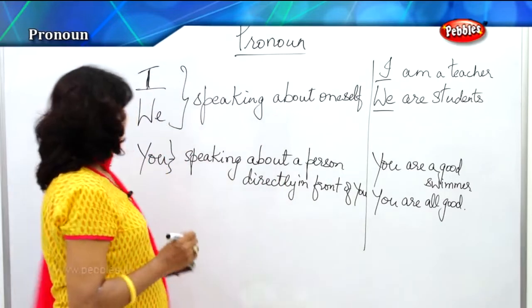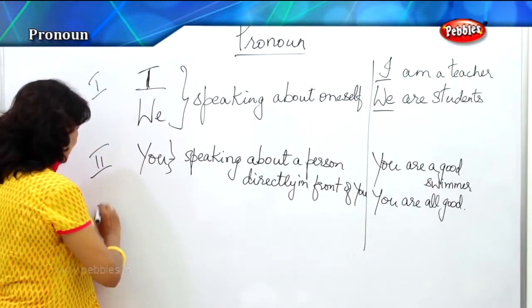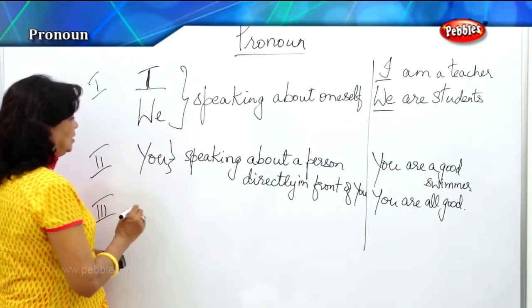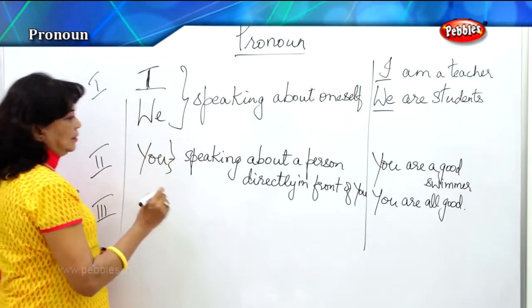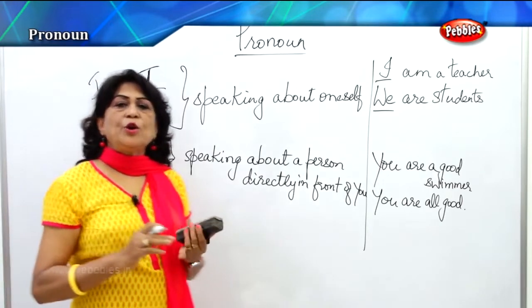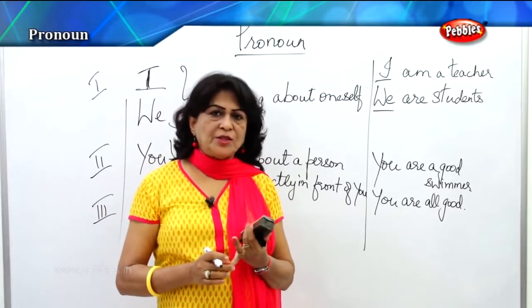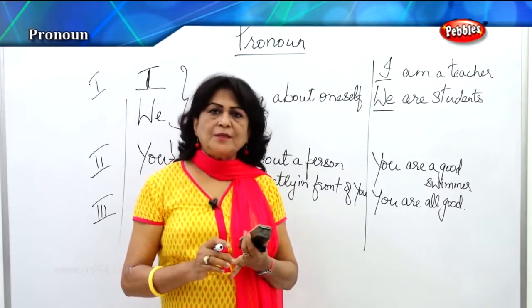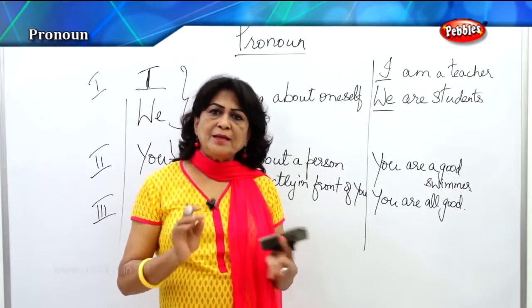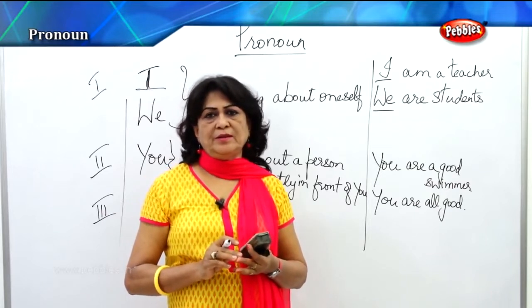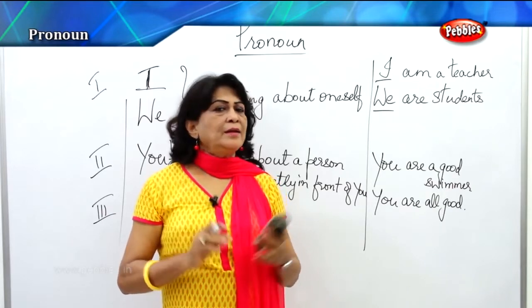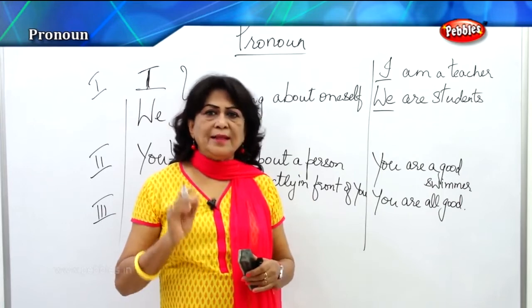Okay, now we will go on to third person. Third person, we can talk about he, that is masculine, she, that is feminine, it, that is neuter gender. And for plural we say they.